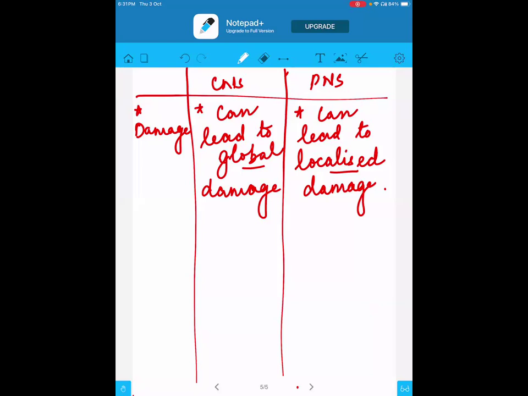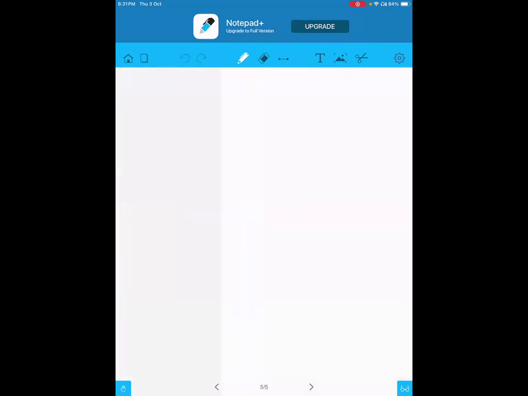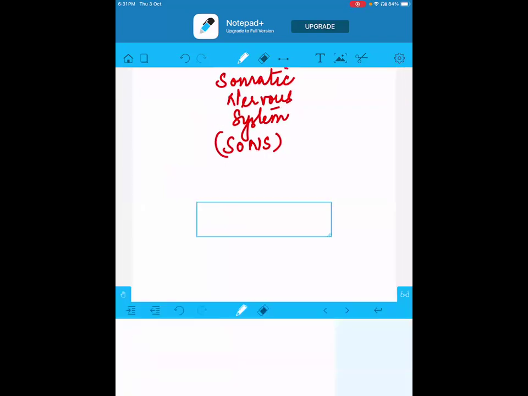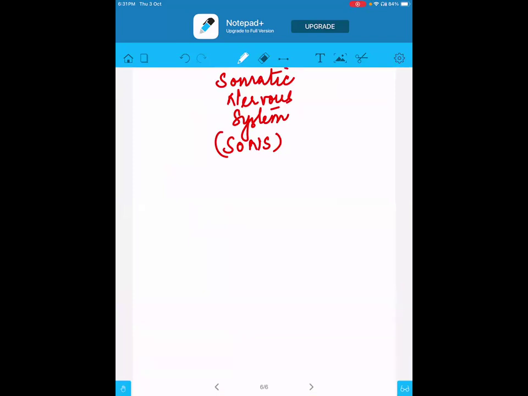Now we'll go to the next topic, the differences between the somatic nervous system and the autonomic nervous system. The somatic nervous system is denoted by SNS, and these should all be capital letters. Don't write in small letters. It is SNS, with all capital letters, okay? Sometimes in the paper they do not give the complete form. They ask you to write in the expanded form.